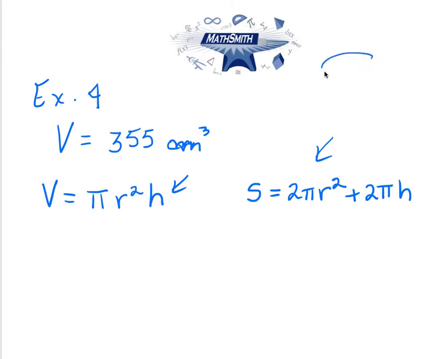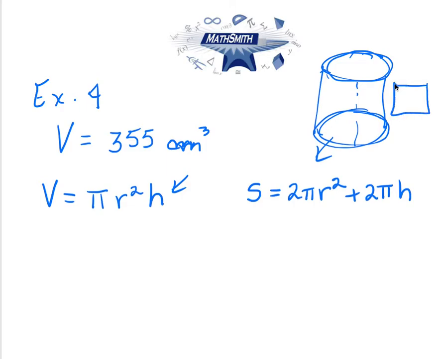We think about a cylinder, right? And the surface area is like if I were to cut this whole thing open and lay it flat, this would be the surface area. So I've got two circles here, right? And then I've got the rectangle that this would be if I cut this down the middle and laid it flat. I'd have a rectangle that would have the circumference of the can as this dimension and the height here.